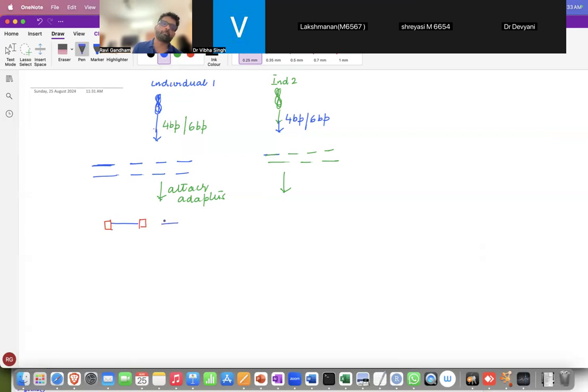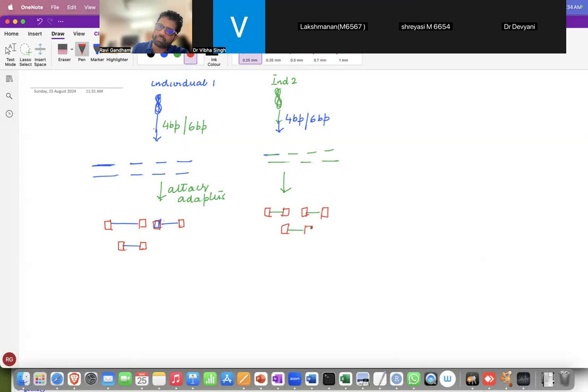This one here, this one here, and this one here. Similarly, you'll have a fragment here, also with an adapter on both the sides. Likewise, you'll have adapters here. We'll just draw the adapters quickly. Now what happens here? You understand why there is a difference.